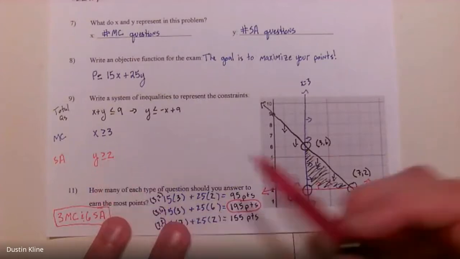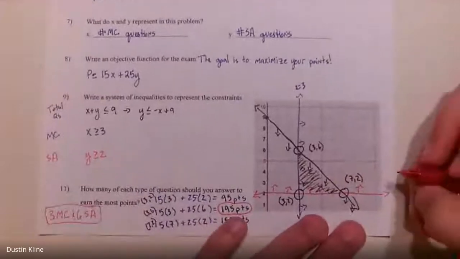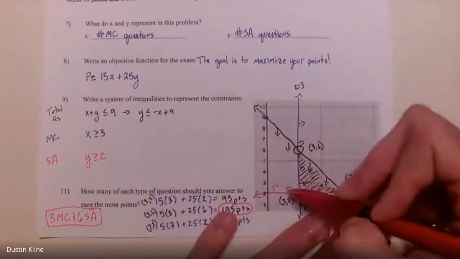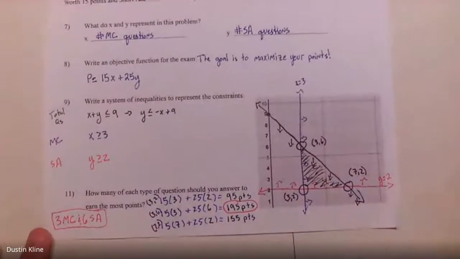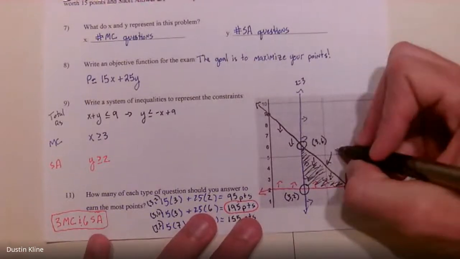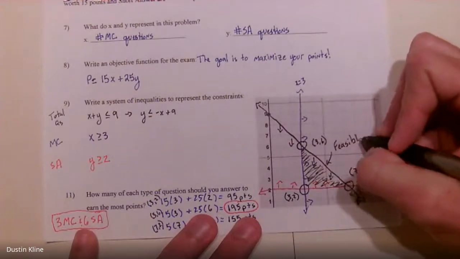Y is greater than or equal to 2. So we graph our horizontal line, Y equals 2. It's greater than, so we know we shade above. And once we have all of our inequalities onto our graph, we then shade our feasible region. Right? That's the area that satisfies all of our constraints.